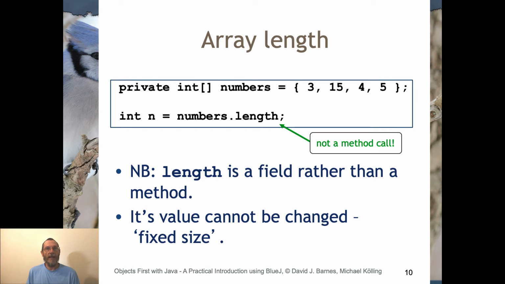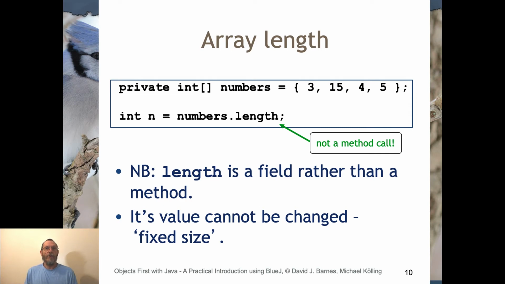So all arrays have an instance variable called length, and we can access that in order to find out how many items there are in the array. Now, of course, because arrays are fixed in size once created, we're not allowed to change the value of that length variable. So an attempt to assign to it would be errored by the compiler. In effect, it's a final variable whose value is set at the point that the array is created.